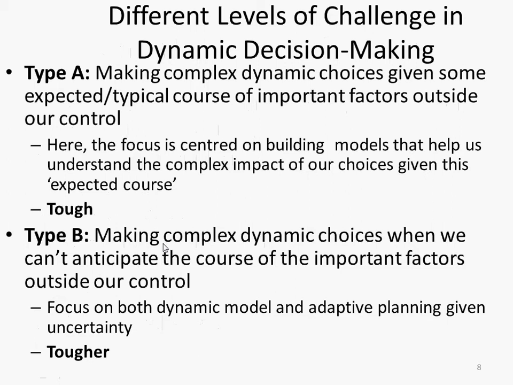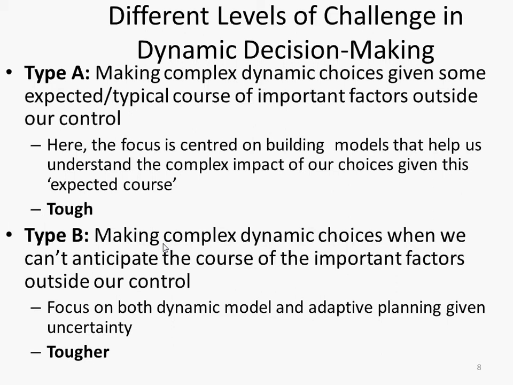So I argued last time that there's 2 different levels of challenges in dynamic decision making. And here we've been concentrating implicitly within this class on what I termed here, without any sort of broader implications to the terminology, type A problems, where here we're trying to make complex dynamic choices given some anticipated sort of changes in factors outside our control.